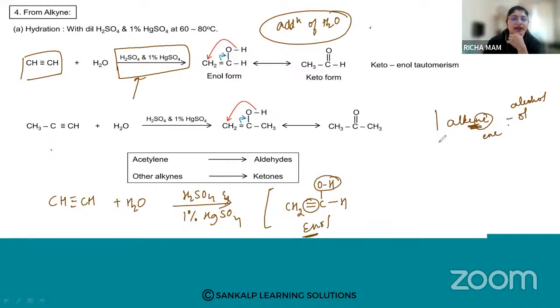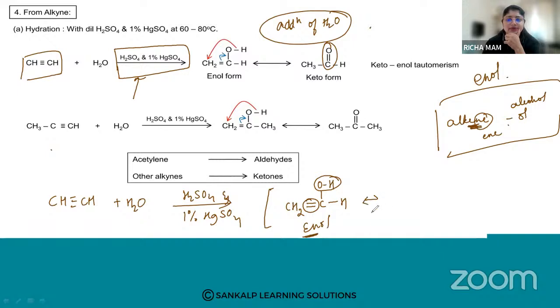So alkene and alcohol together make up enol. And so the enol and keto system undergo tautomerism. They undergo tautomerism means what? They have the same molecular formula, and they can easily rearrange themselves to give you the keto-enol system.